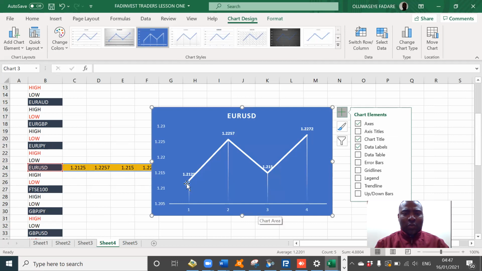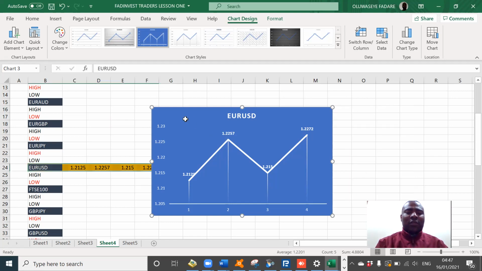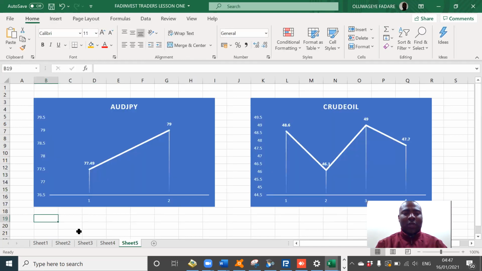The first low was 1.2125. The high was 1.2257. The next low is 1.215, which is higher than our 1.2125. So this is still the lowest. And our next high is 1.2272, which is higher than our 1.2257. So you can see that one too is a high trend.